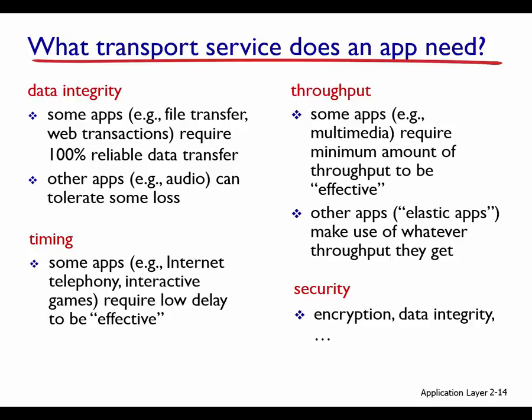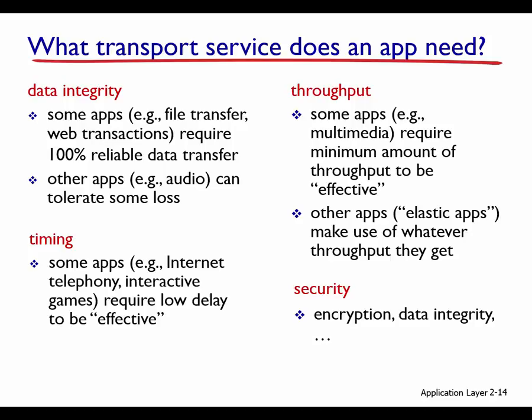And then in general, there are encryption, data integrity and security issues, and that could vary. You might need security all the time in one way or another. You don't think you really need security for a Netflix video to be useful, but you do in the sense that you wouldn't want a video sent to your computer to download a virus.